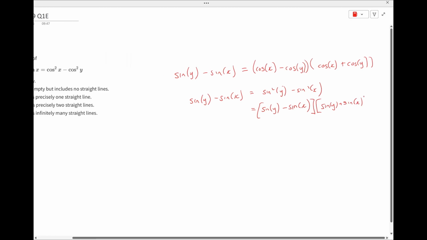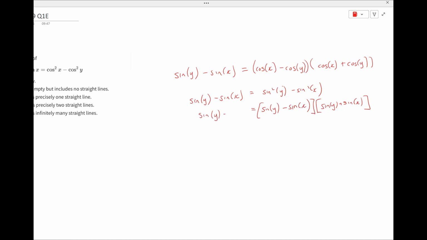Now, when you look at this, you can see that we could divide by sine y minus sine x. But of course, if that equals 0, then we've got a problem. But one solution to this equation will be held true if sine y equals sine x, because then we just have 0 on the left and 0 on the right.